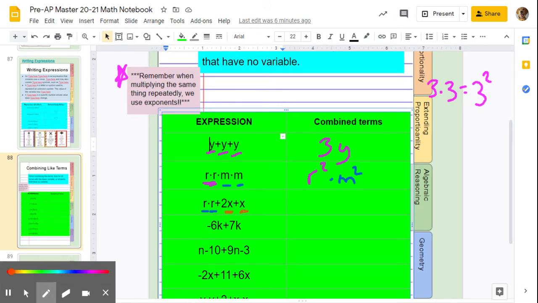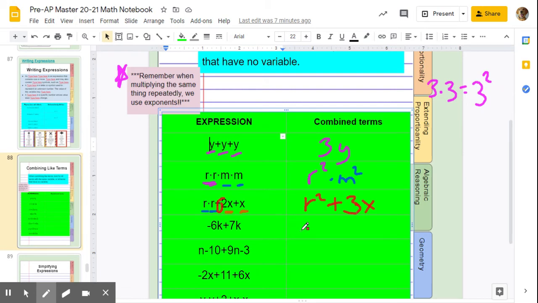When we're writing this, we have two r's that are being multiplied. When we are multiplying, we're going to use exponents. So we're going to say r squared. And then there's a plus sign in between these, so I'm going to keep a plus sign in between. And then we have 2 x's plus one more x, so that's a total of 3 x's. So it's going to be r squared plus 3x. Okay.